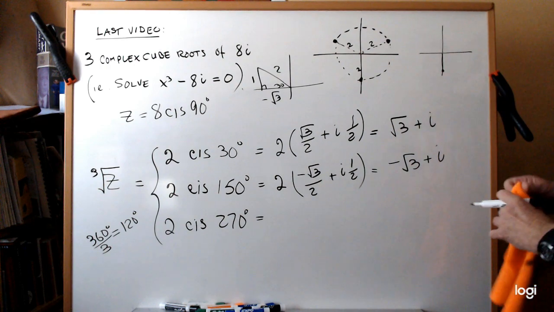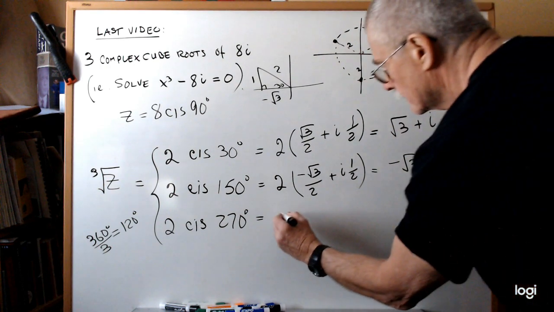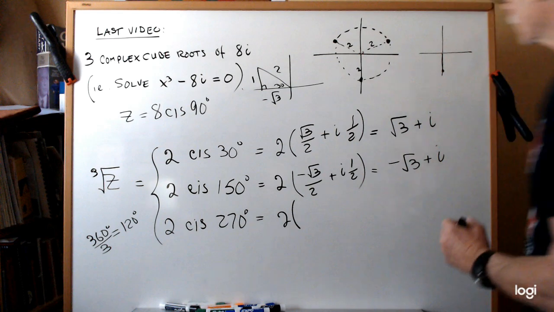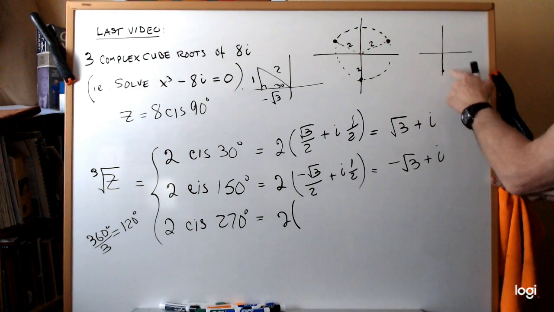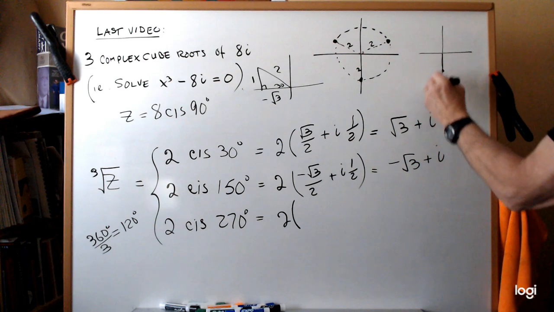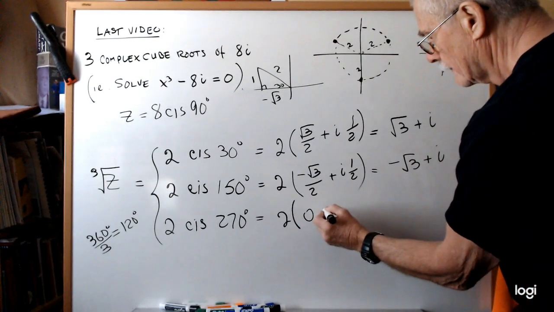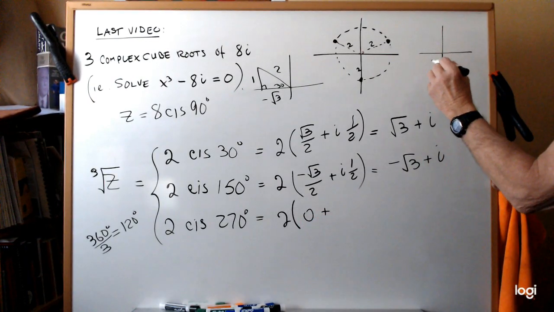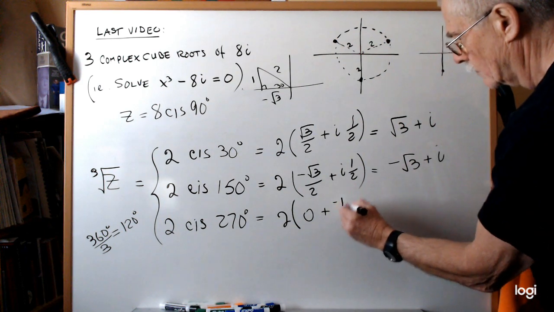Okay, and that's simply, what is this? The cosine of 270 is 0, and the sine of 270 is negative 1.